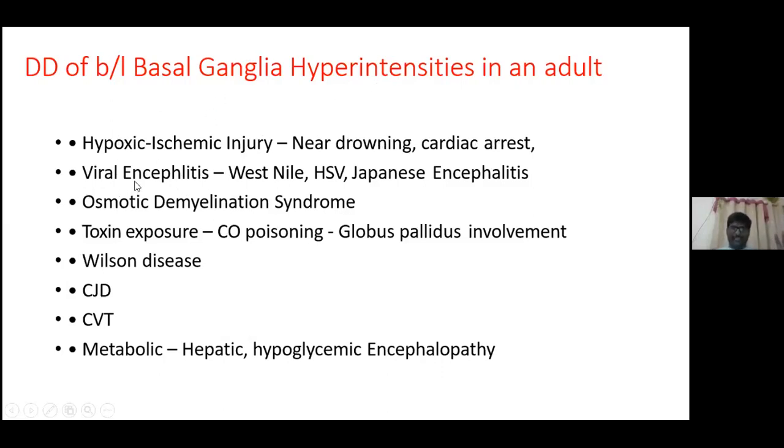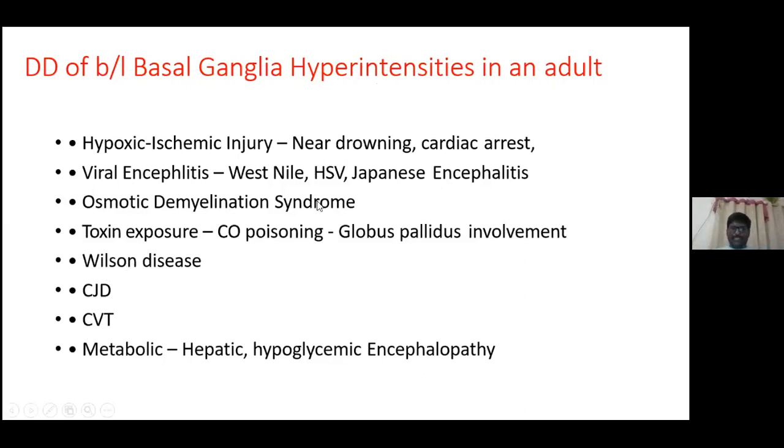And viral encephalitis. There are many viral illnesses, that is West Nile, HSV, Japanese encephalitis, where you see basal ganglia hyperintensities. Also osmotic demyelination syndrome and toxin exposure. Again, in CO poisoning there is globus pallidus involvement. We have already seen Wilson's disease, in which we saw the putaminal slit sign and giant panda sign.